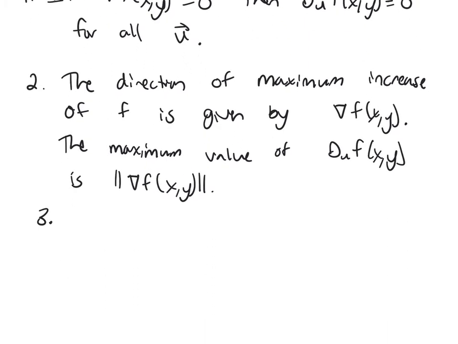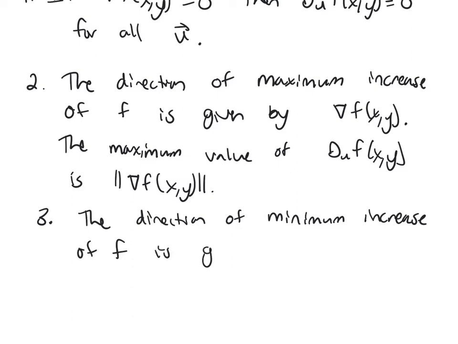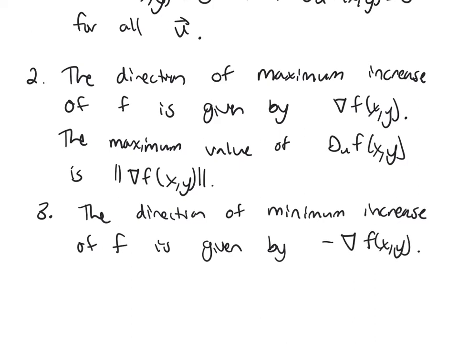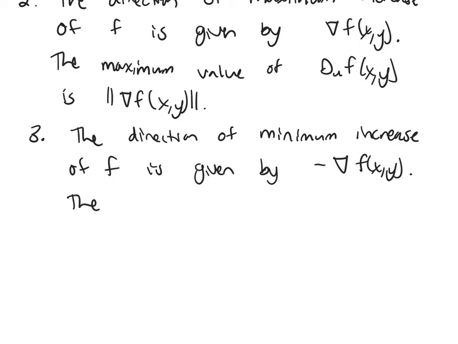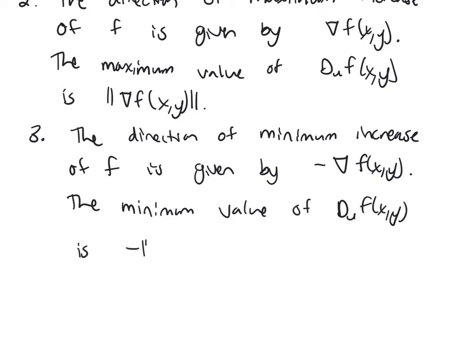The direction of minimum increase of f is given by negative the gradient of f, and the minimum value of our directional derivative is negative the magnitude of your gradient.